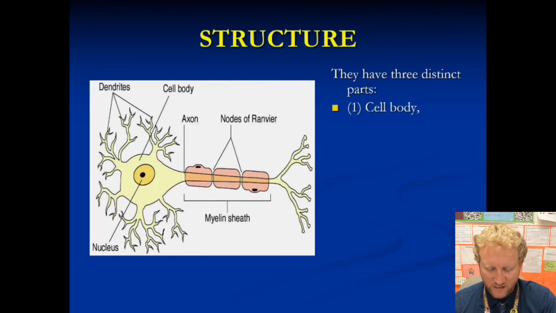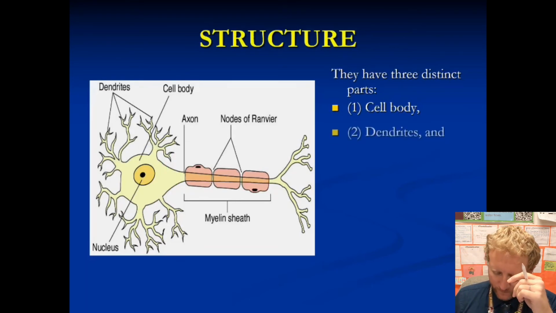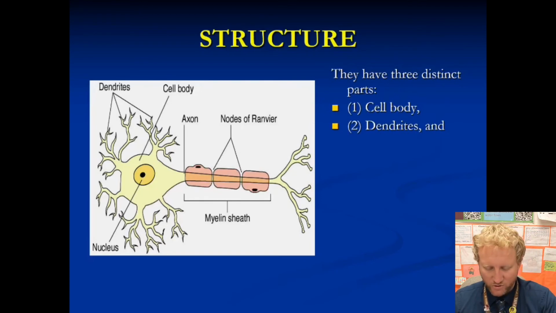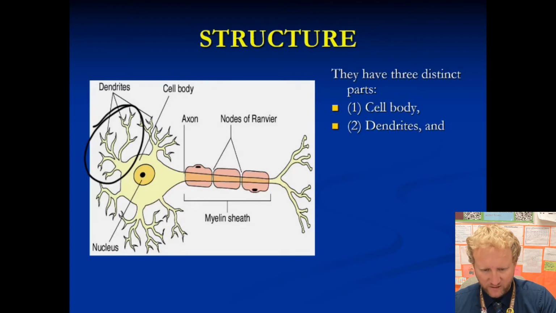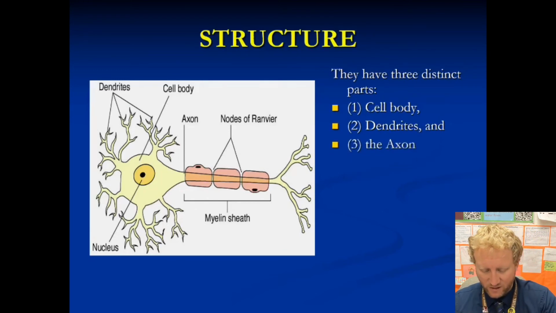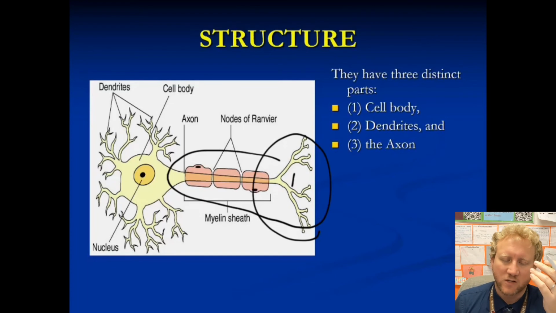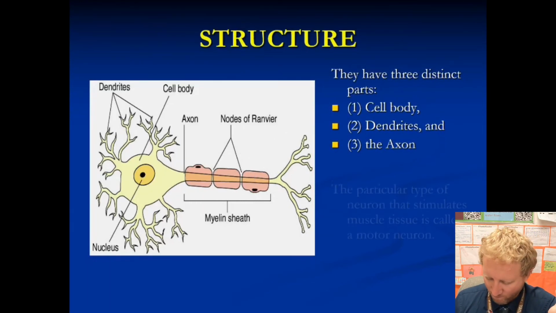We've got the cell body, which is this part right here. We've got the dendrites, which are these parts over here that look like trees with the leaves that have fallen off, excuse me. And then we have the axon, which is this long section right here with this other tree-like portion that's called the axon terminal.